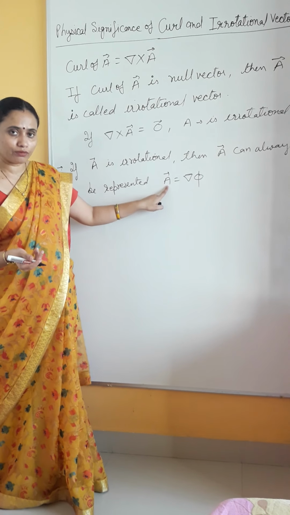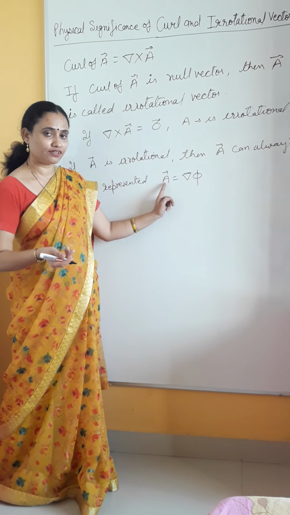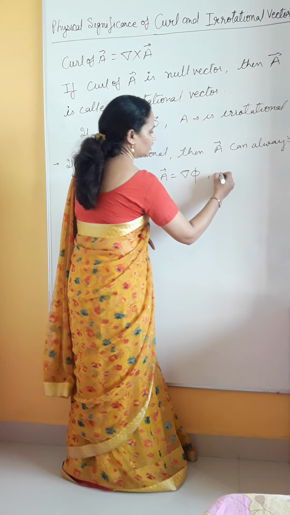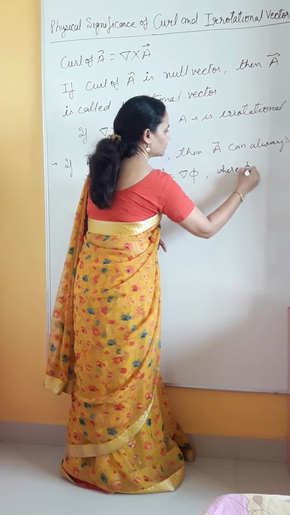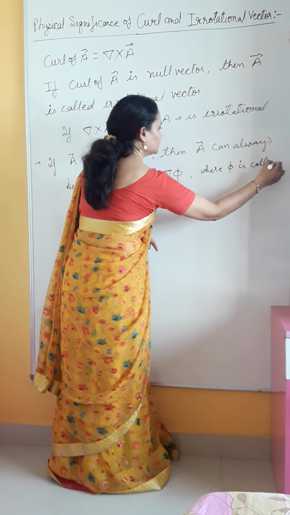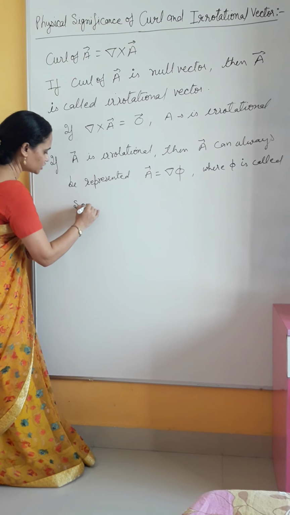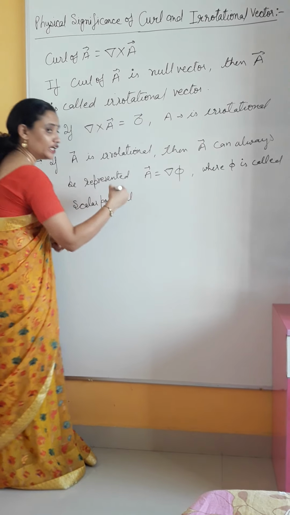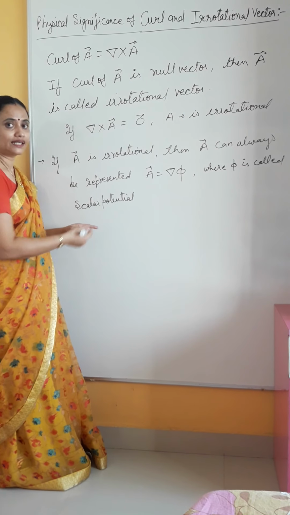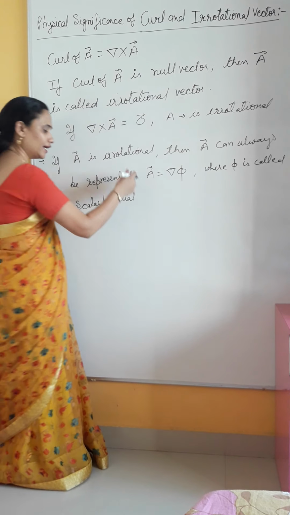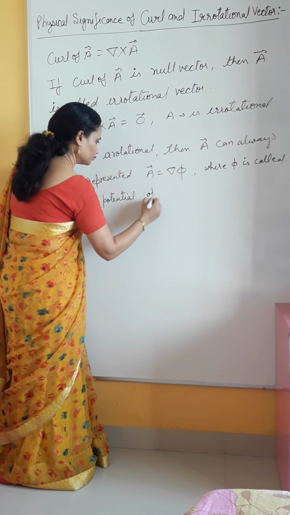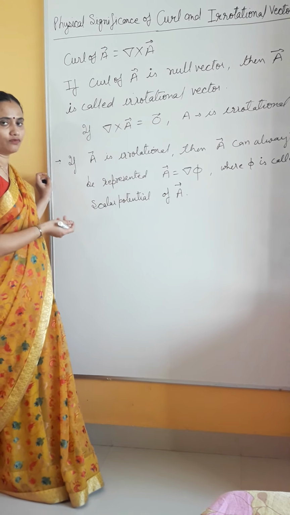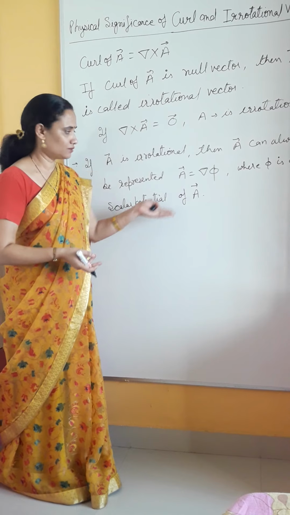So that depends on what type of function it is. For every irrotational function, there always exists one scalar potential. Where phi is called or known as scalar potential, or equipotential, or conservative field for A. Okay, equipotential or conservative field, any one of these are names for this phi.